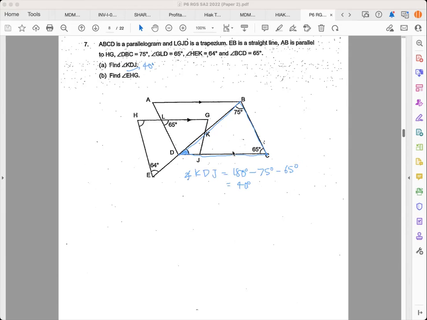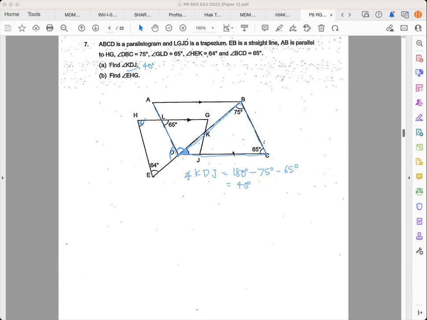EHG. So look at this angle. Now to do this, first, let's find out what is this angle. To know what this angle is, we need to know what this angle is. This angle is actually an alternate angle. Look here. Can you see the Z here?